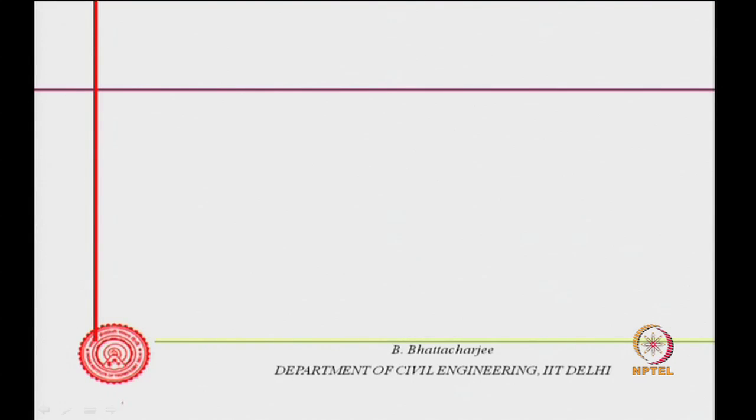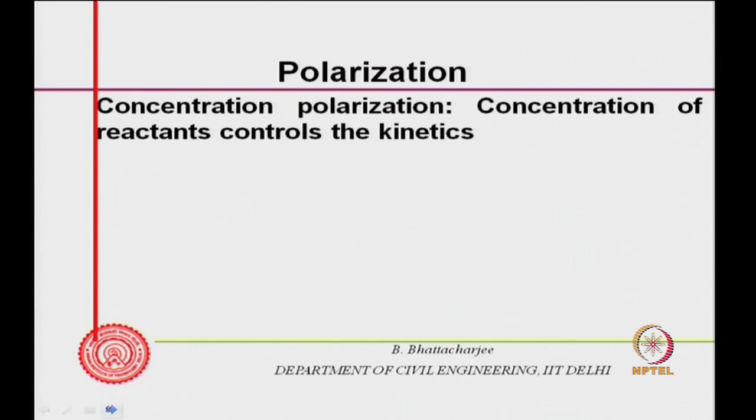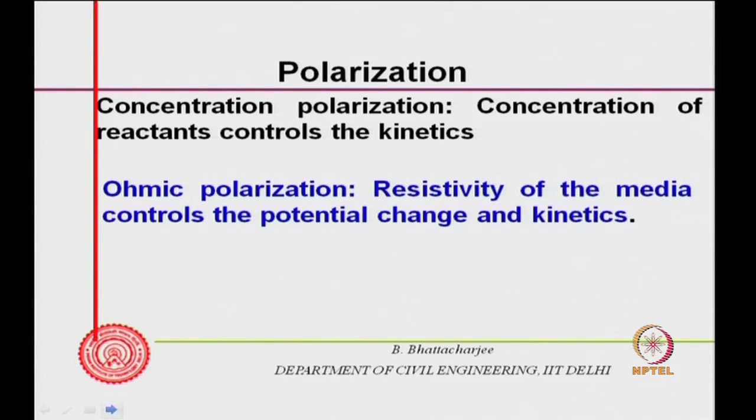Now, this occurs in a galvanic cell, and this can occur even in the case of a corrosion cell. It can occur when the concentration of one of the reacting species is less. For example, if oxygen is less, the cathodic current may not pass, and therefore the corrosion process will become slower. So, this is called concentration polarization.